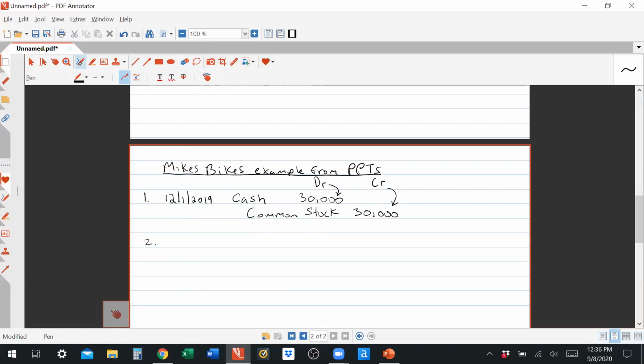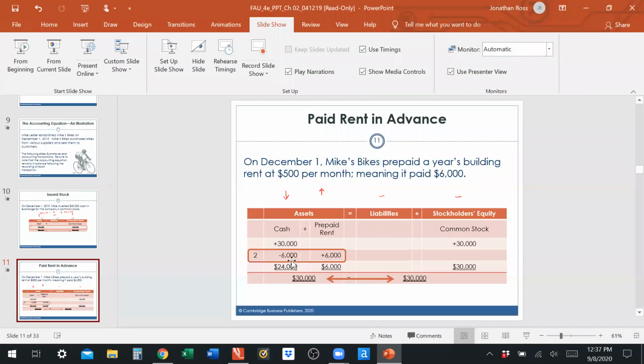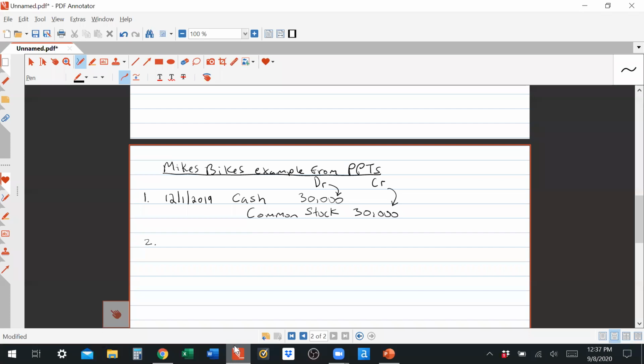Let's do the second transaction. Paid rent in advance. We figured out the two accounts that were involved were cash and prepaid rent. We said that cash went down by 6,000 and prepaid rent went up by 6,000. And they're both assets. This also happened on December 1st.